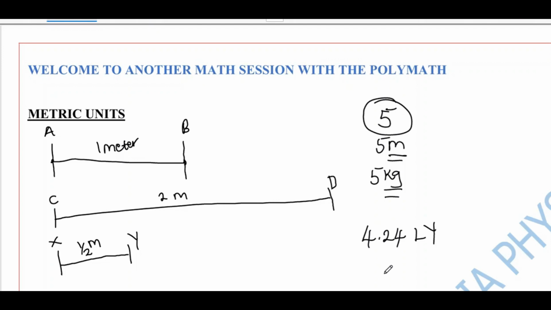But if I say 4.24 meters, this is a very short distance. Maybe the length of a school van, or a personal car. We need the unit to make the number make sense. Without the unit, it remains ambiguous, like you can see 5 here.